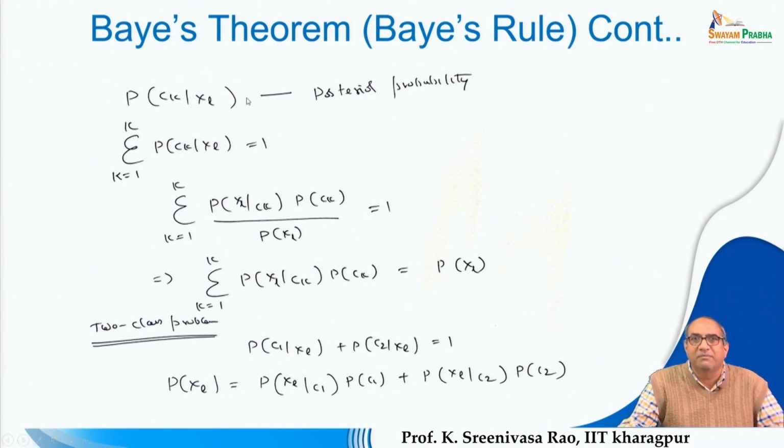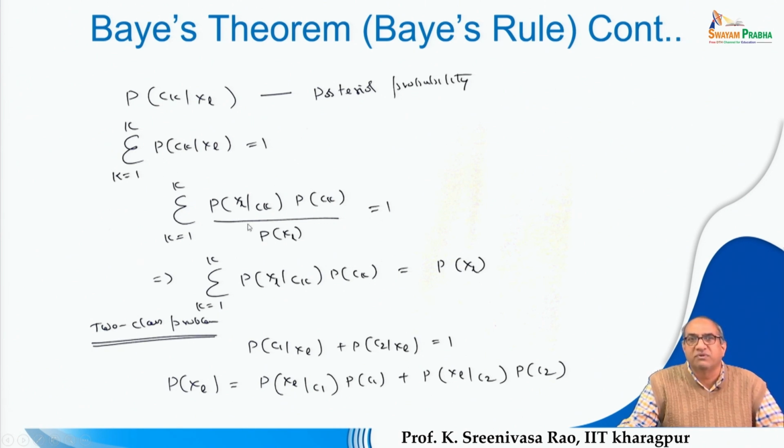So if you sum up all these posterior probabilities over the number of classes, it should be 1, that is a rule, because the feature vector should be in one of the classes. Each class claims some probability for that particular feature vector, so the sum of all those posterior probabilities equals 1. That is nothing but the posterior probability.